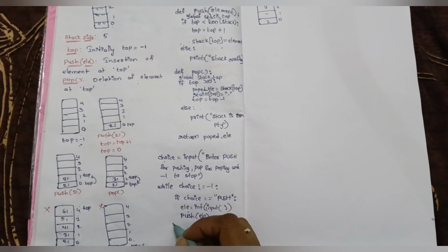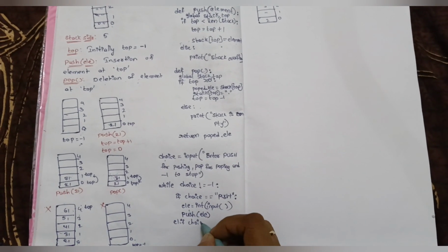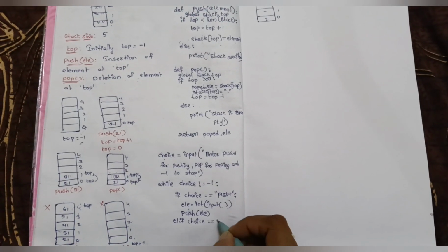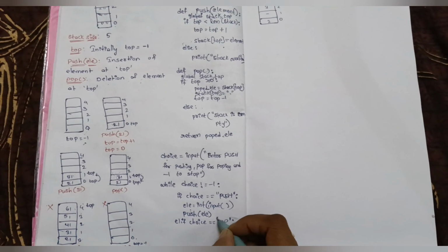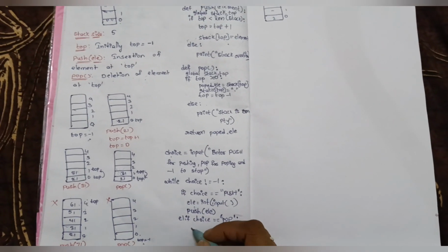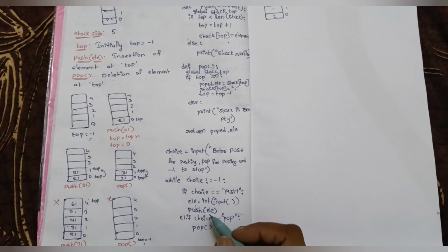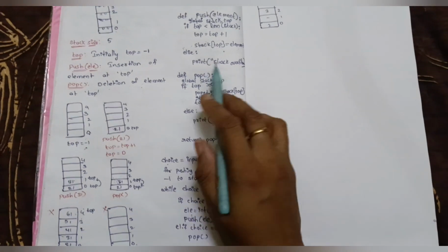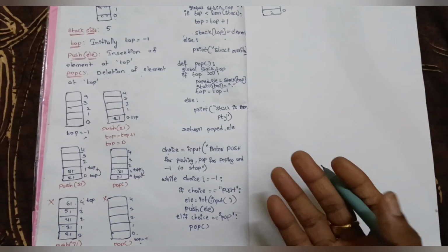And after that, elif choice is equal to pop, then we have to call the pop function. We don't need to pass any data as an argument, because pop doesn't accept any data.